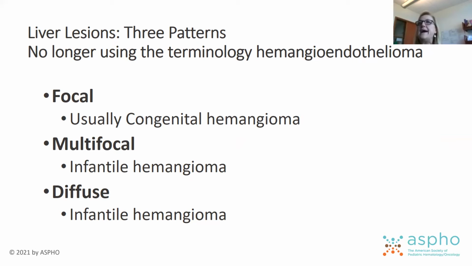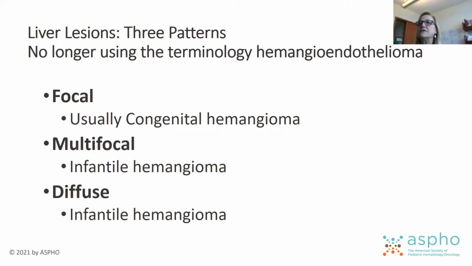So when we have a liver lesion and your radiologist says, this is a vascular tumor, it's important for you to understand what kind of vascular tumor it is, and imaging can help, but also whether it's focal, multifocal, diffuse, or if there's cutaneous stains is very important as well.